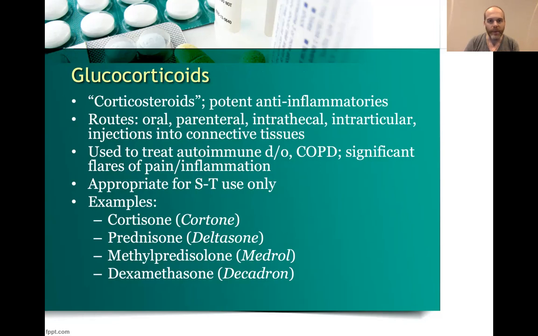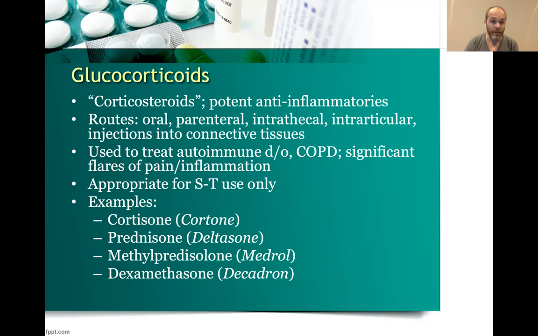There are many different routes of administration, and they're usually used to treat autoimmune disorders and COPD, and significant flare-ups of pain with inflammation, like in fibromyalgia and in MS pain. They're only appropriate for short-term use. Some you may have heard of: cortisone, prednisone, methylprednisone, and dexamethasone. Those are all very common generic names that you'll see out there.